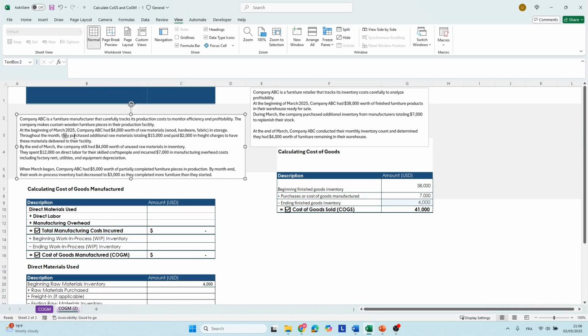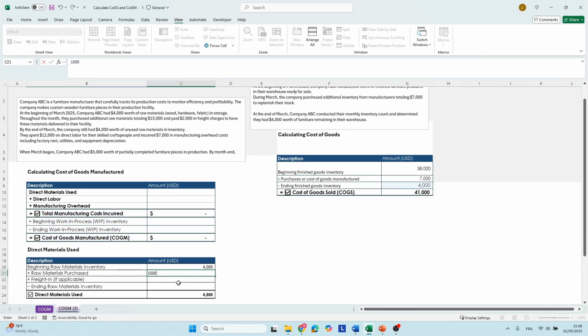Throughout the month, they purchased additional raw materials, a total of 15,000, and paid 2,000 in freight charges to have this material delivered to their facility. So in the table, we put the amount of the purchase, 15,000, and 2,000 for freight.